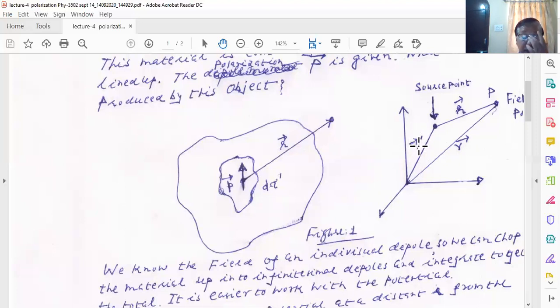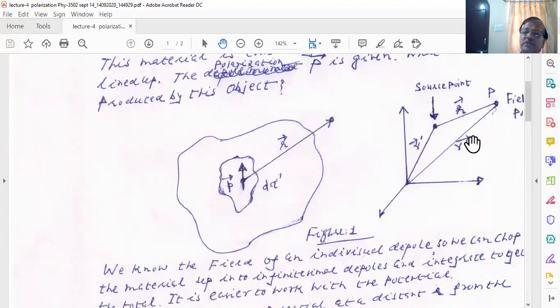Our vector r prime I consider as the source coordinate. This vector r is known as the field coordinate. So I differentiate these two. Vector r prime I indicate as a source coordinate, and this vector r I define as the field coordinate.